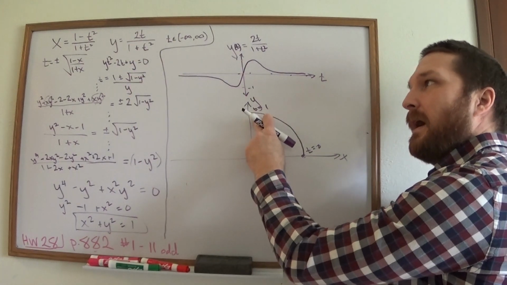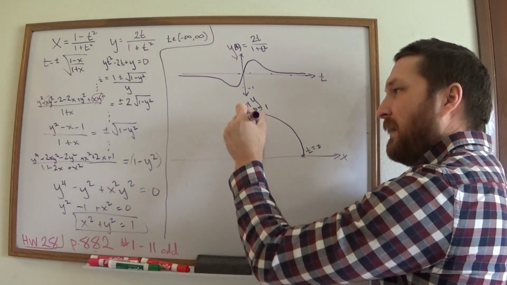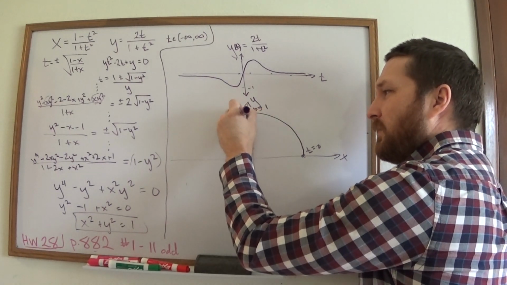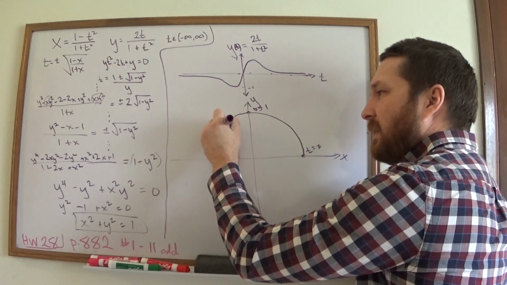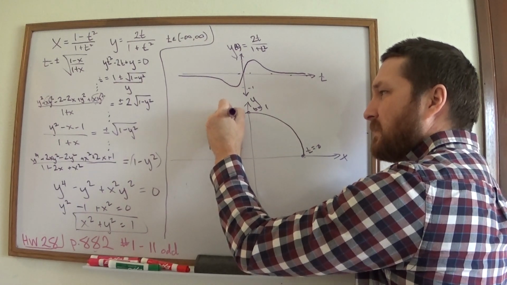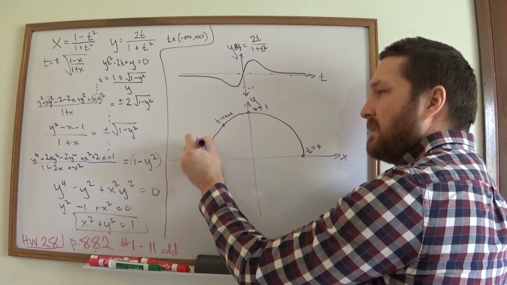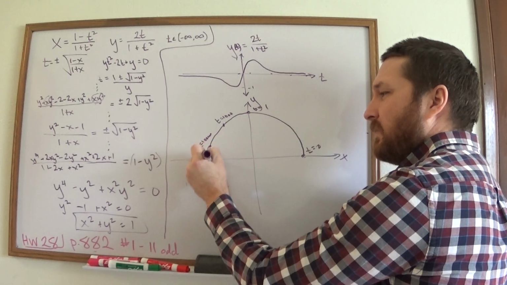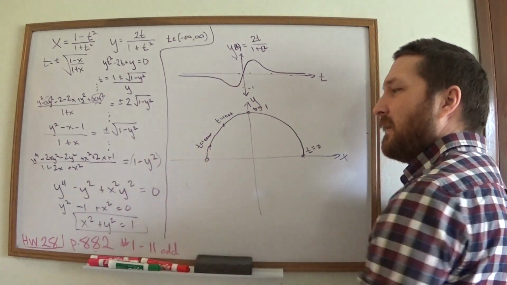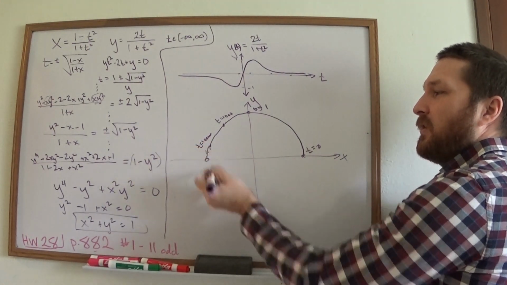So you're right here at x equals 0, y equals 1. And then it starts to really slow down. t is like a couple thousand here, and then t is like 1,000,000, and so on and so forth, and it gets closer and closer to that as you increase t.